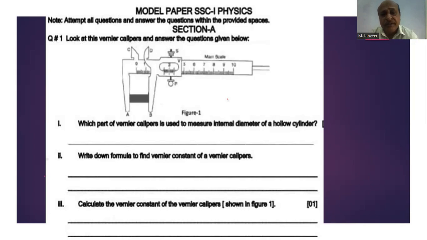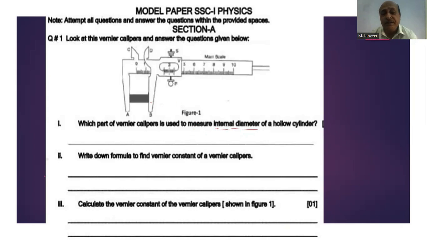Question number 1: look at the vernier caliper and answer the questions given below. This is the picture of a vernier caliper. Which part of the vernier caliper is used to measure the internal diameter of a hollow cylinder? You have to measure the internal diameter of a hollow cylinder.